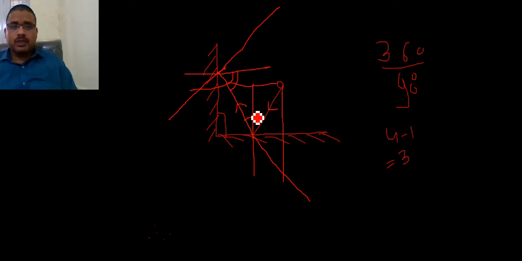Extend that reflected ray on the back side, and you will get the image of that object. In this way image formation takes place when multiple mirrors are there.